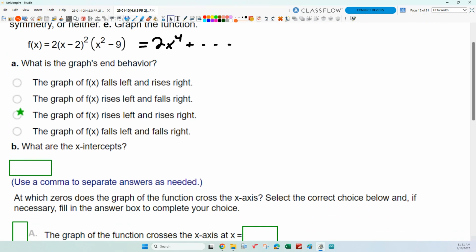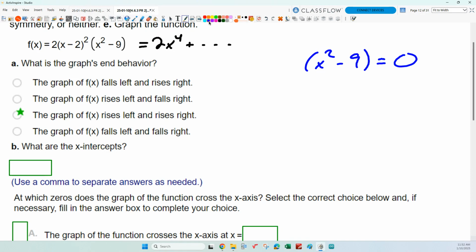X-intercepts. What's that x? 2. What's that x-intercept? Okay, well, how about that one? That one's a little bit tougher. What if we take x squared? Again, this is stuff that I'm kind of jumping ahead a little bit.